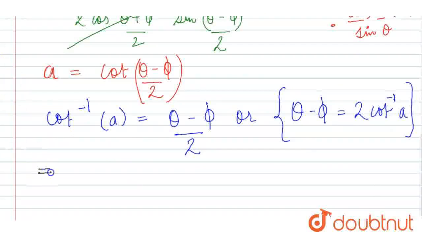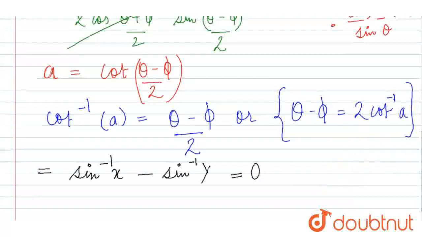So this will become sin inverse x minus sin inverse y, that is equal to 0, right? We can write that because A is the constant term, so if I differentiate, this will become 0.